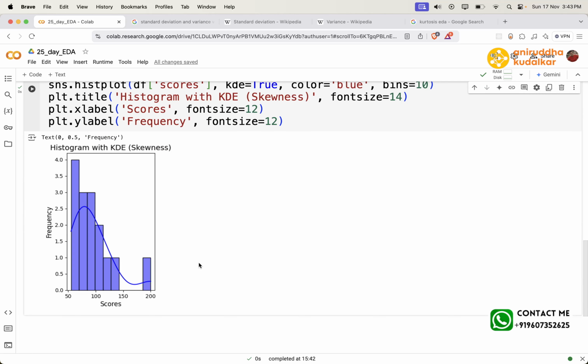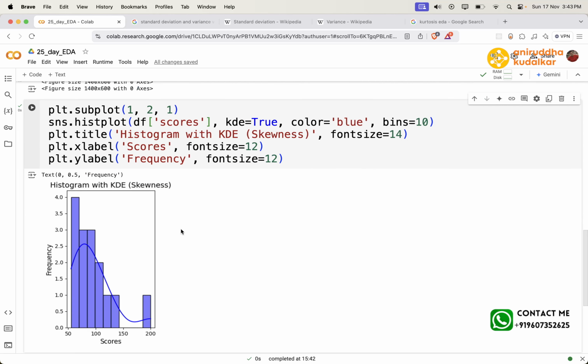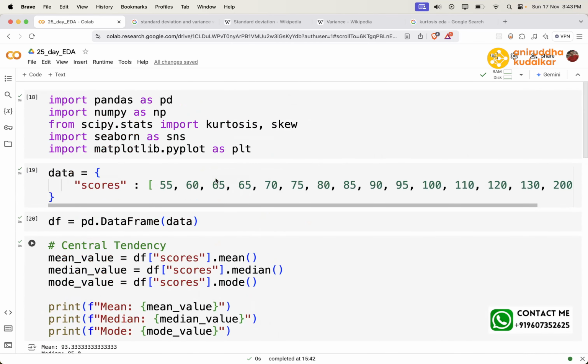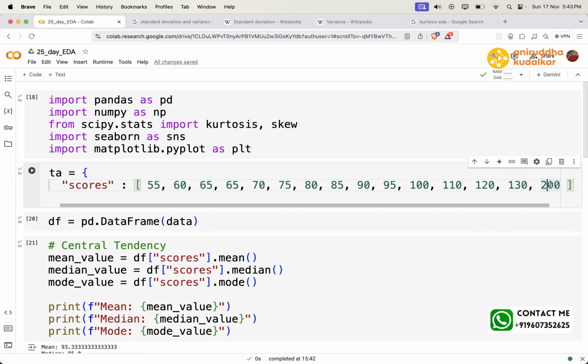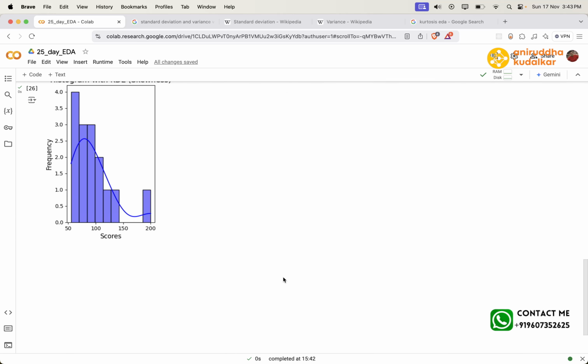See here, this histogram with the KDE shows skewness. Look at the data: 110, 120, 130. There are no in-between values, directly 200. 200 becomes the outlier, and that's why you cannot see any bars in between.